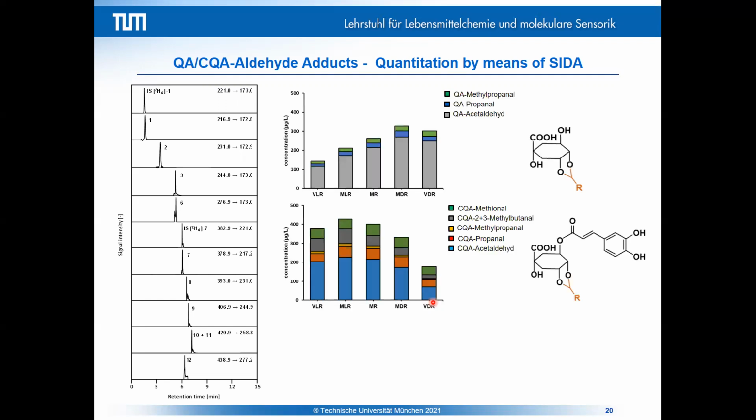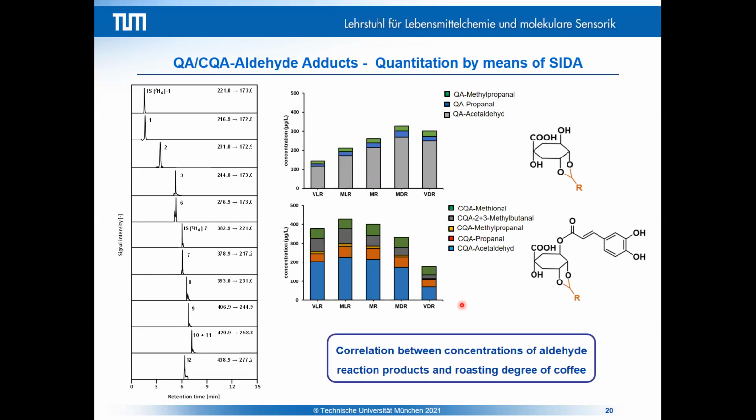And here I summarized the concentrations of the compounds, showing you an overview of the different roast degrees of the coffees. What we can clearly see is a strong correlation between the concentration of our adducts and the roasting degree of the coffee, but also the concentration of the respective precursor plays a major role.